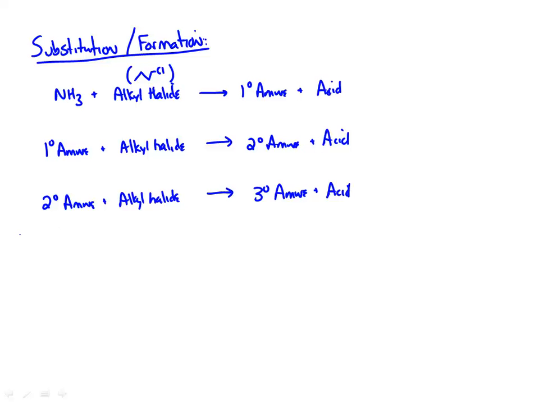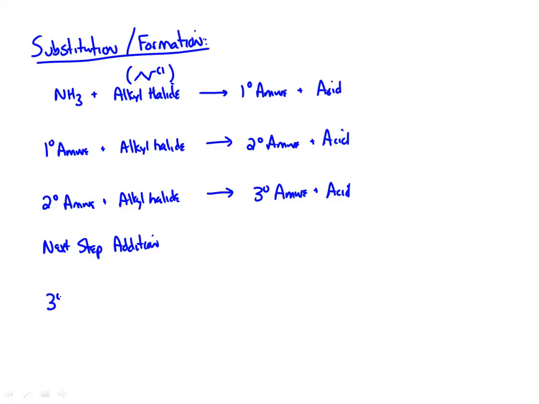And then I'm going to put this 4th step here, but remember that this next step is actually an addition. And it's pretty easy to tell that it can't be a substitution, mostly because there's nothing to substitute off of the amine.